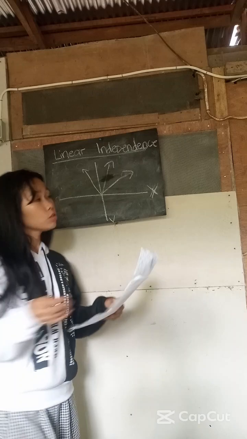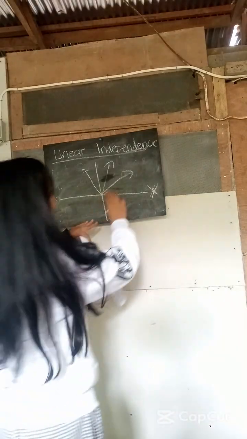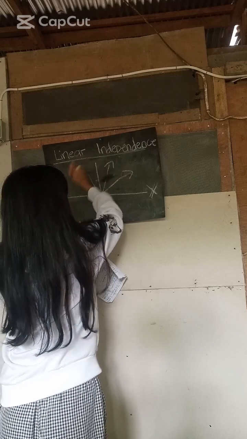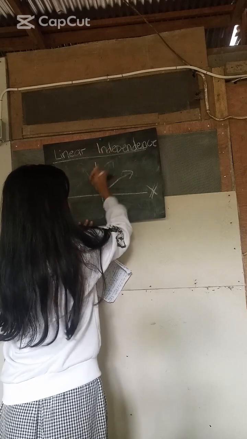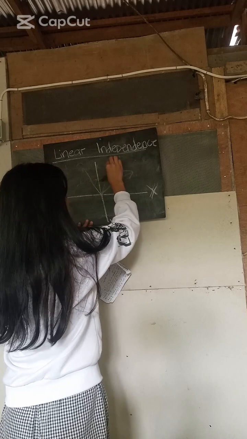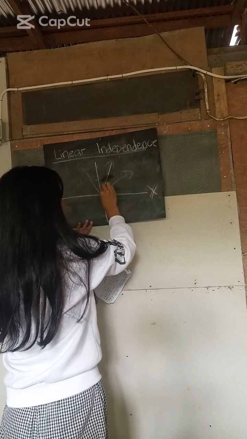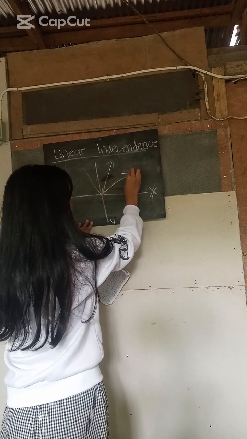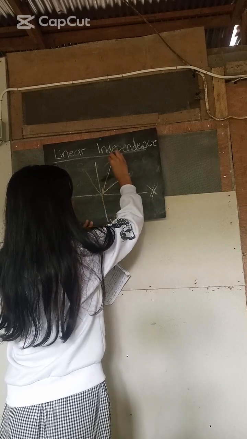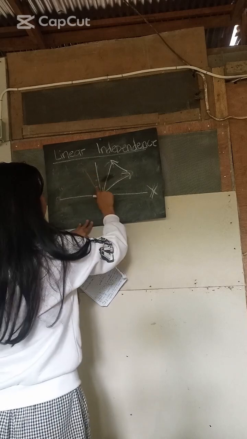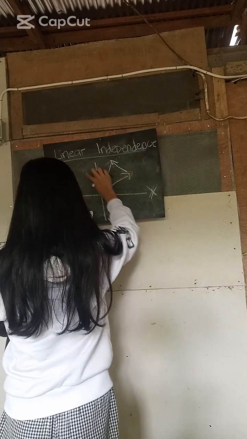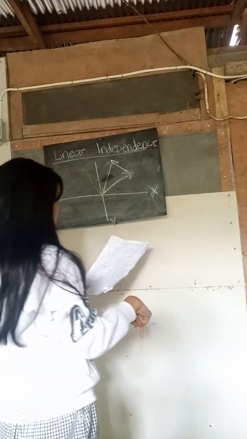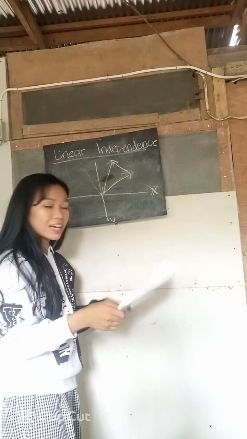For example, consider this. All I've done is rearrange the vectors and multiply them by constants.